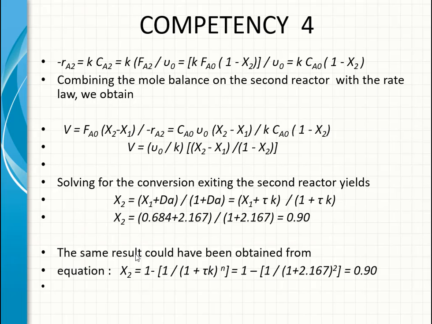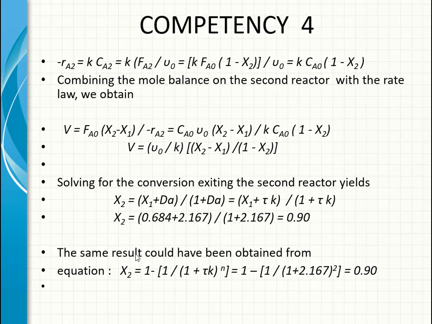And the rate, because it's first order, is k times C_A in the second reactor to the first power, which is going to be k C_A0 times (1 minus X2), and the volume of the reactor is going to be V0 divided by k times (X2 minus X1) divided by (1 minus X2). So if we solve for X2, we will have that X2 is going to be 0.9.